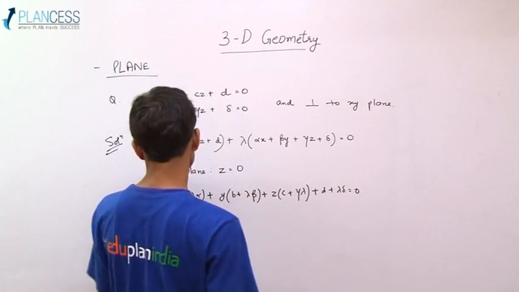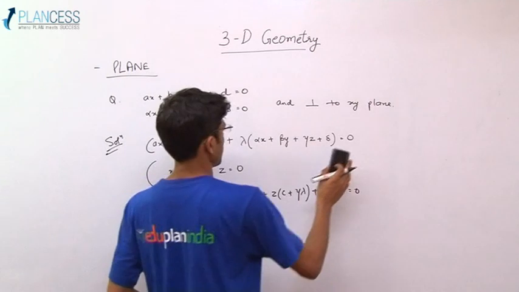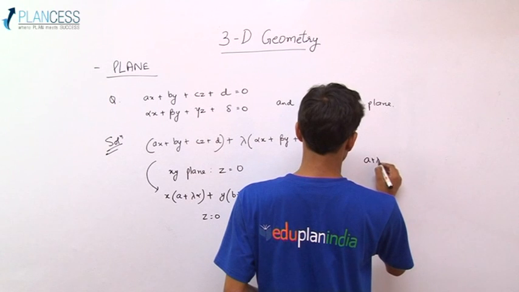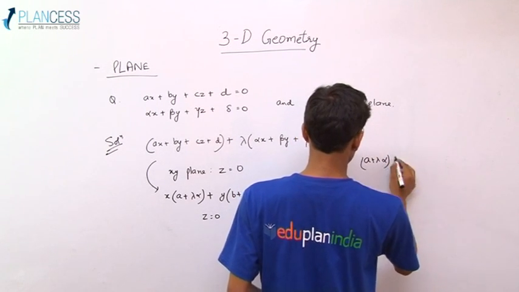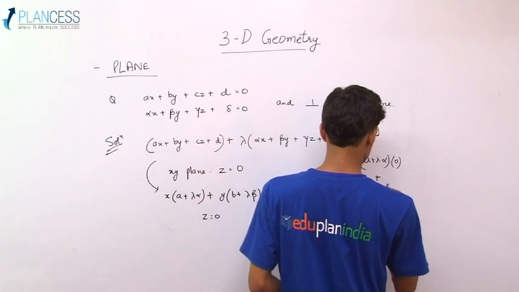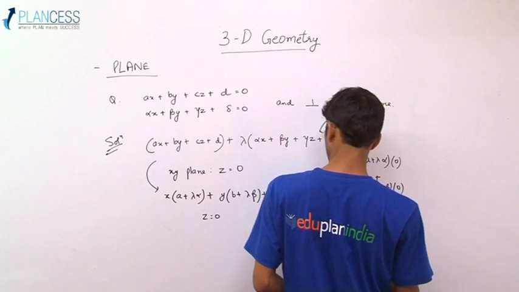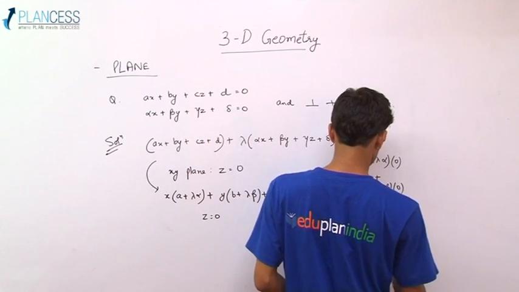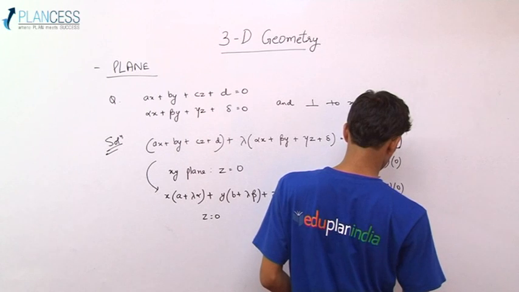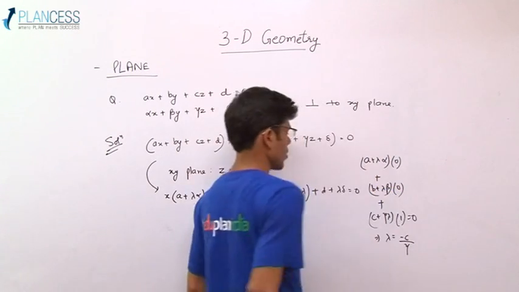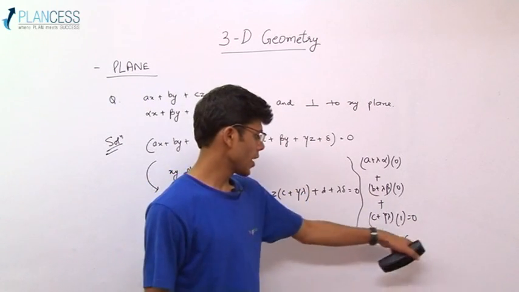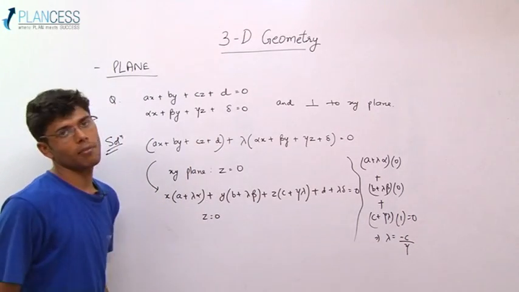So these two planes are perpendicular, so the normals are perpendicular. Using the condition for perpendicularity of two planes, we get lambda is minus c by gamma. Putting lambda here, we can find the equation of the plane.